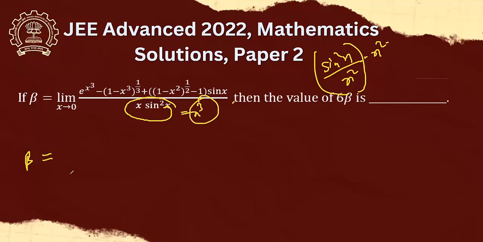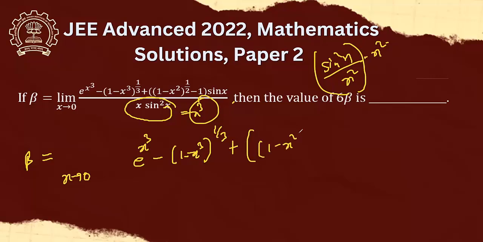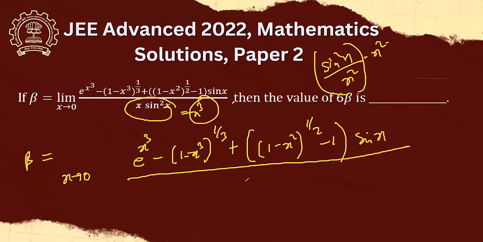So beta is the limit x tends to 0, (e to the power x cube minus 1 minus x cube whole to the power 1 by 3 plus (1 minus x square to the power 1 by 2 minus 1) times sine x), and then the whole thing upon x cube. So this is equal to, I can write e to the power x cube, and I will subtract a 1 here and then add 1 here.